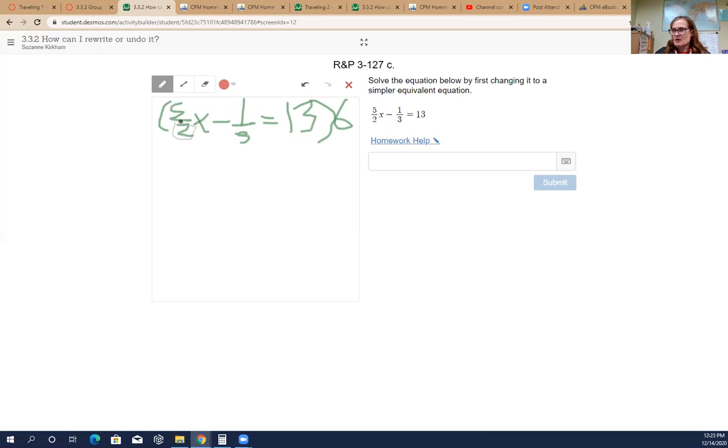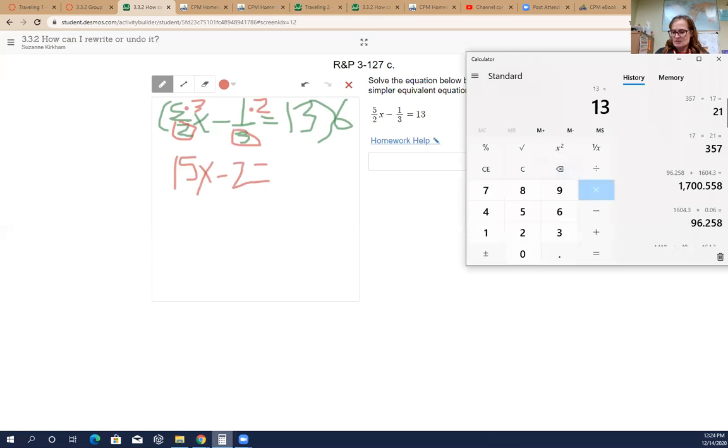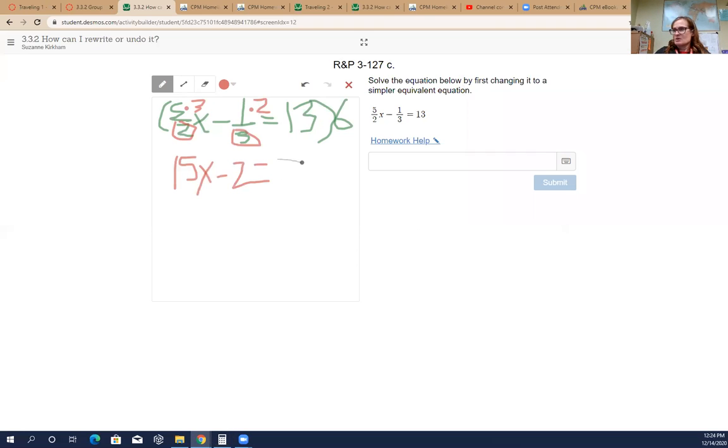We've got a 2 on bottom, so that means we need to multiply the top by 3. 5 times 3 is 15. So we've got 15x minus, the next fraction has a 3 on bottom, so we need to multiply the top by 2. 1 times 2 is 2 equals, and then 13 times 6 equals 78. So we'll put a 78 right here.